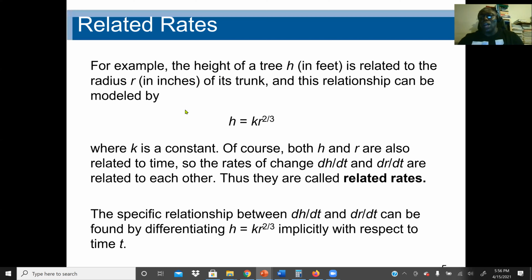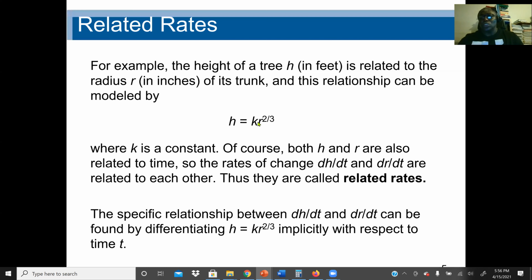But this also happens with respect to time, because as a tree grows, it grows with time. Here we have the relationship between the height of the tree and the radius of its trunk. We have a model here, h equals k times r to the power 2/3, where k is a constant value and r is the radius of the tree's trunk.